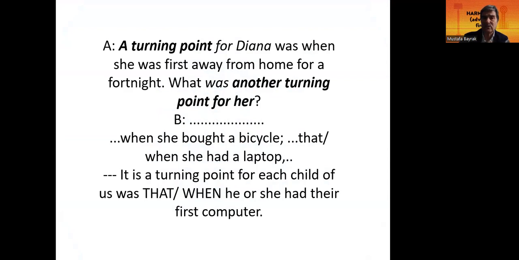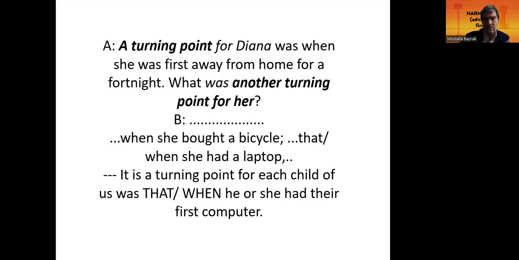Or it's a turning point for each child of us was that or when he or she had their first computer.